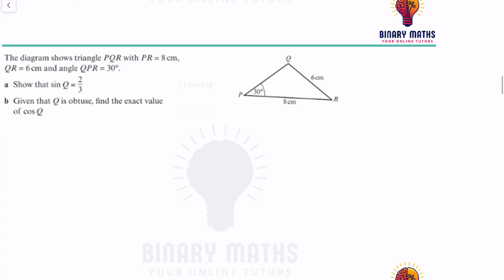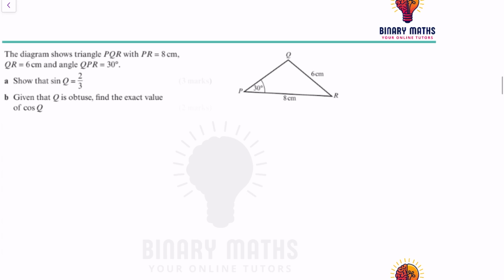Okay, the last question. The diagram shows triangle PQR with PR equal to 8, QR equal to 6, and angle QPR equal to 30. Part A, show that sine Q is equal to 2 over 3. Because we have a corresponding opposite angle and length, it means we have to use the sine rule. And because we're trying to find an unknown angle, I'd use sine A over a is equal to sine B over b.